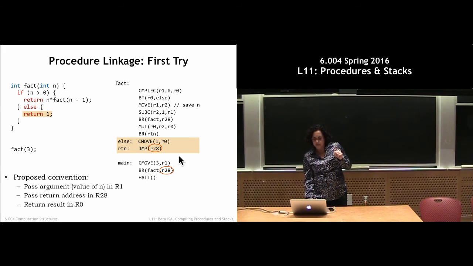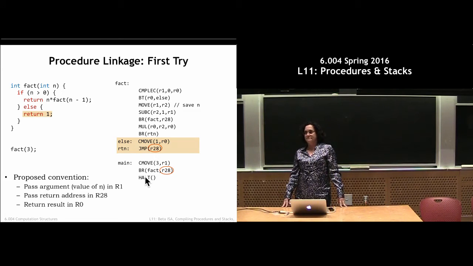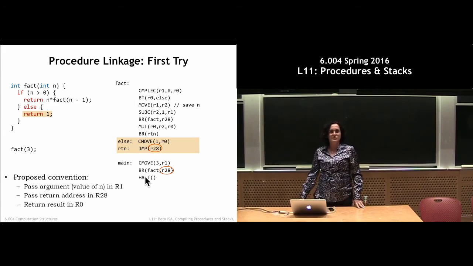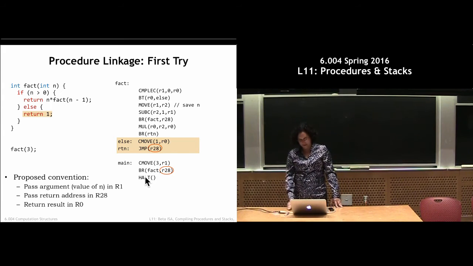But when we went into our factorial and we called factorial recursively, we stored something else in R28. What we stored is the address of this multiply. And so all of a sudden, when I want to do this jump back to this halt instruction, the value of R28 is gone. Okay? So we're getting a little bit closer to figuring out how to do this, but we're not quite there.